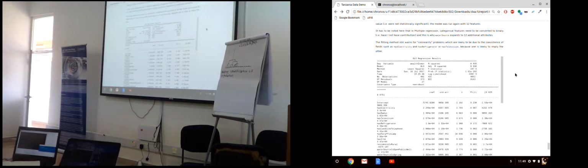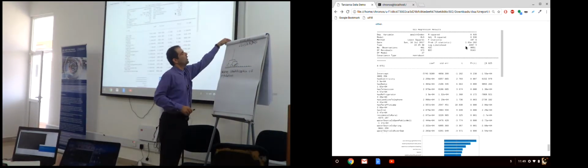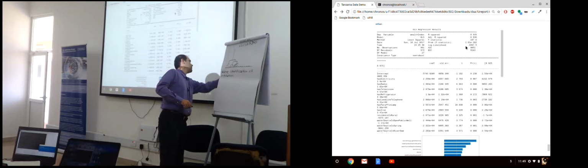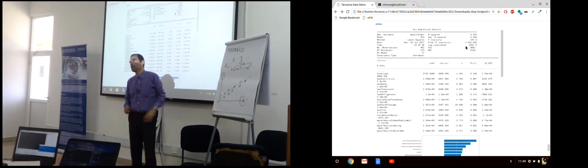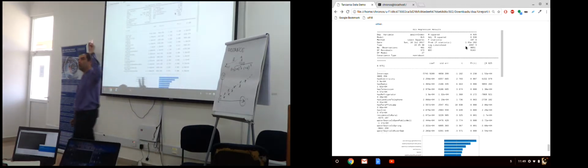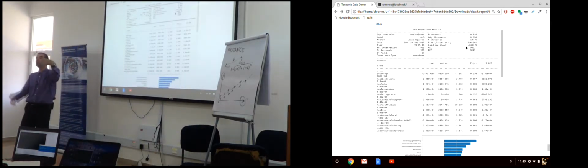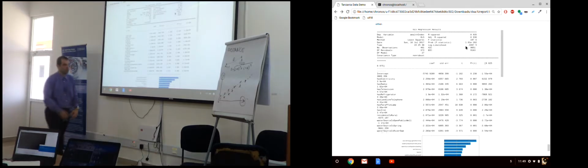So this is the standard output from the tool. Remember what we said when we talked about our best line fit. In best line fit, you are dealing with two things: one input, one output.